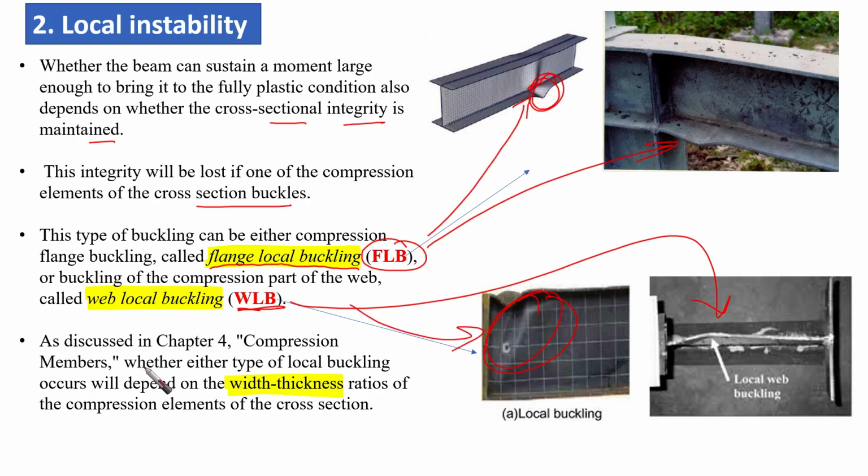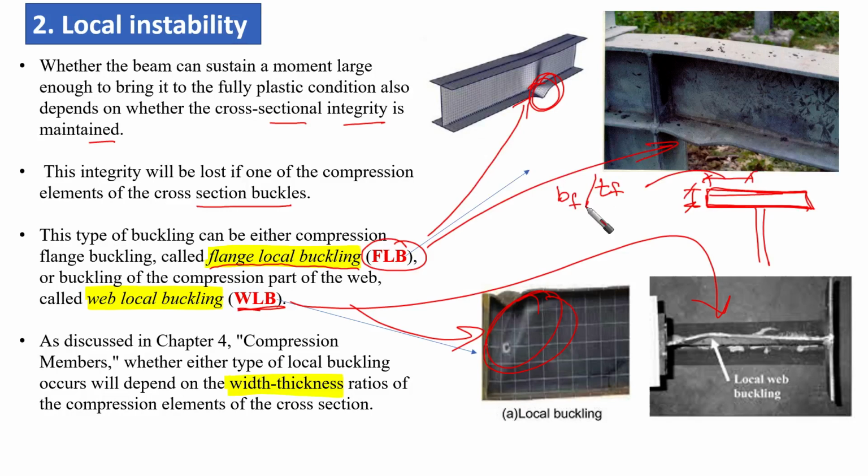Okay, so how can we control this? If we have this web and flange, we are going to control it based on these two parts. For the flange, it is the width of the flange, B flange over T flange.